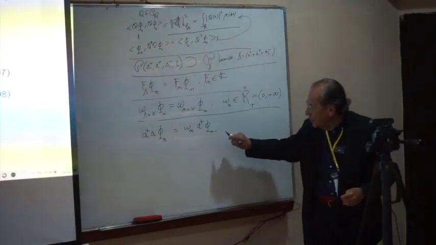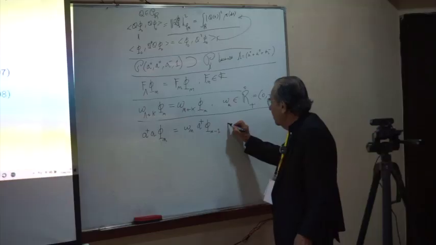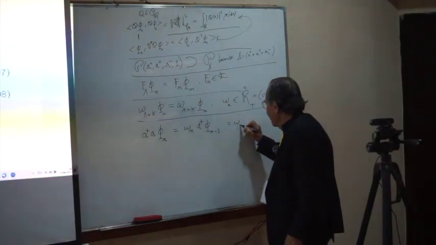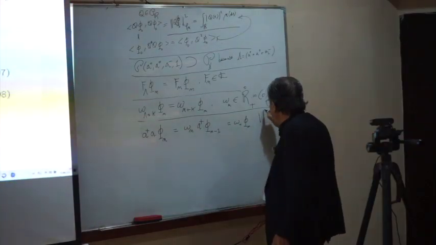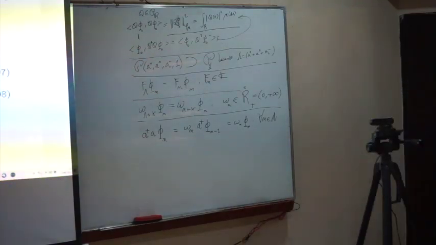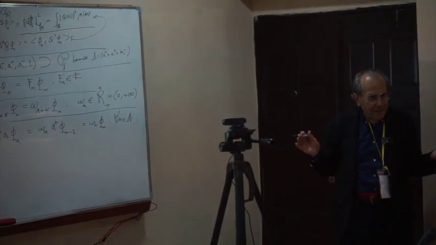So this n minus 1 plus 1 is n, and I go back to n. But this is true for each n, and the phi n are a finite linear basis. So it means it's true on the whole Hilbert space.